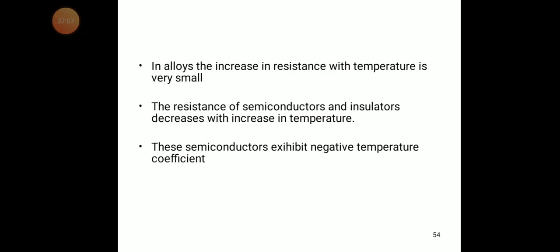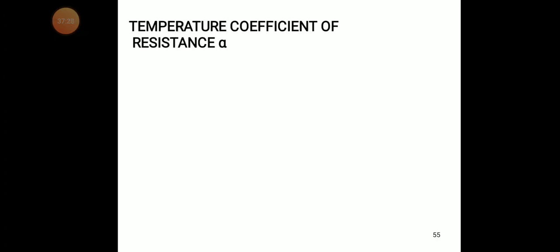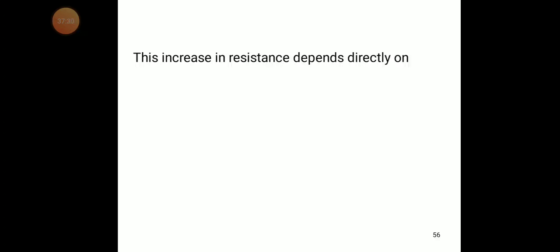If the temperature increases, semiconductor devices behave in another way. These semiconductors exhibit the negative temperature coefficient, that is, when temperature increases, the conductivity of the semiconductor increases, so resistance decreases. That's why it is called a negative temperature coefficient.